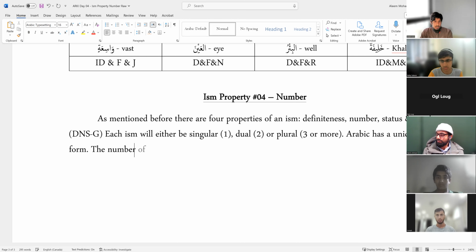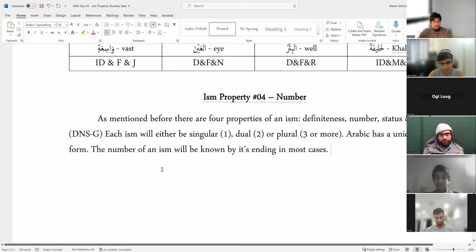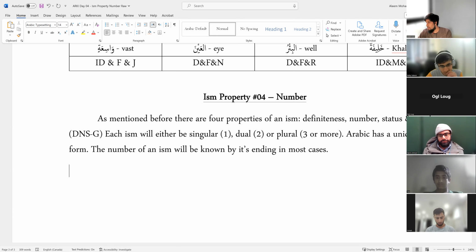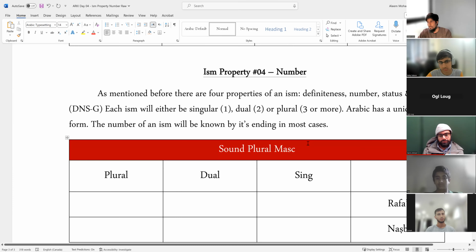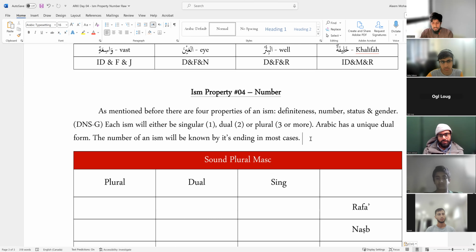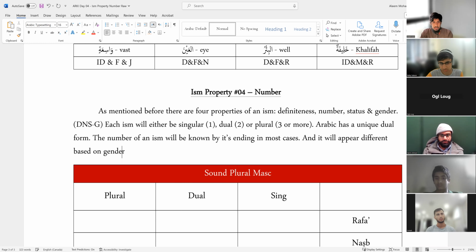So the number of an ism will be known by its ending in most cases. Let's delve into what that looks like. I'll show you guys a chart. Small point here, it will appear differently based on gender and status.